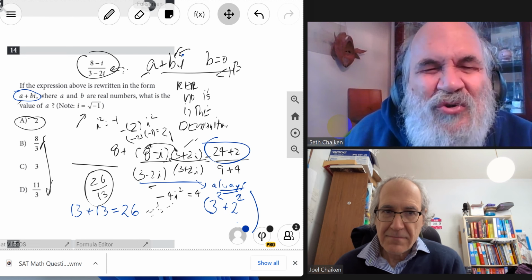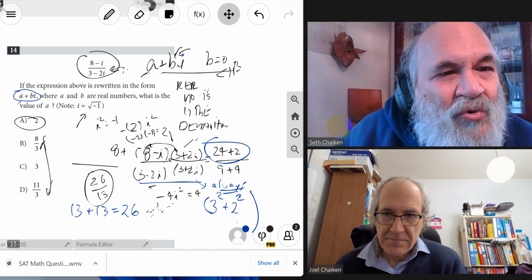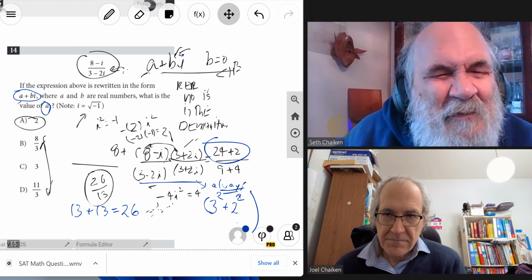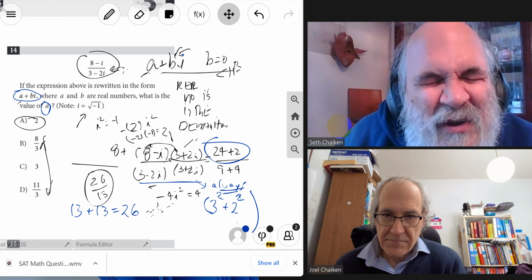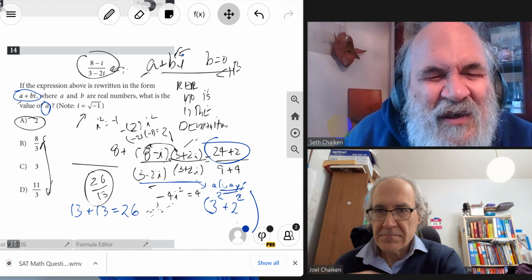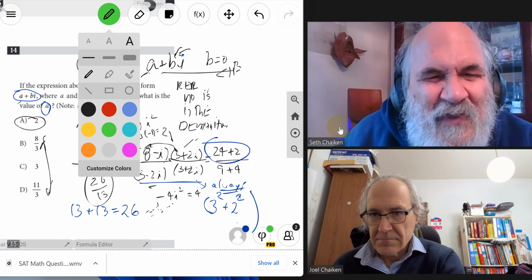Now, Joel's point is that the question asks only for the real part, so you need to work out only 2 of the 4 terms from FOILing. You need only calculate 2 of them.